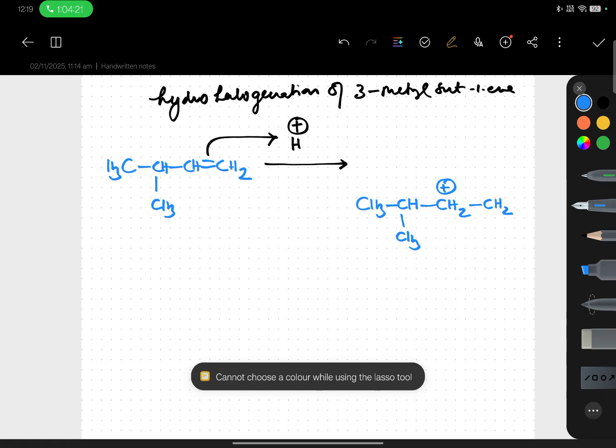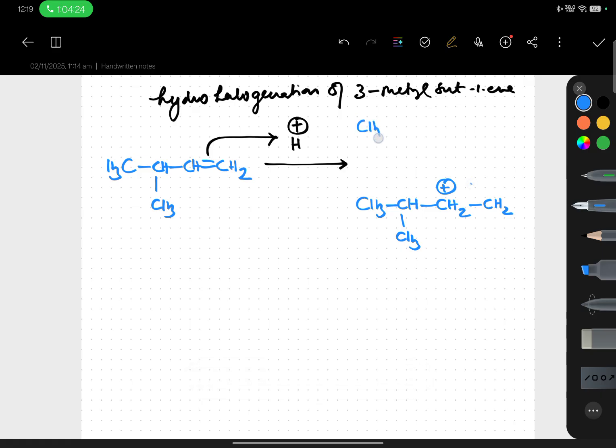Another case is where the hydrogen can join in the second carbon. So you'll get CH3, CH3, CH2, CH2 plus. Okay.